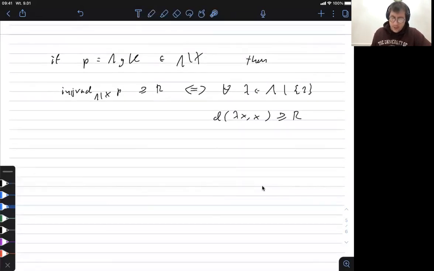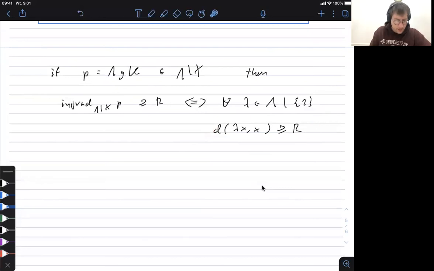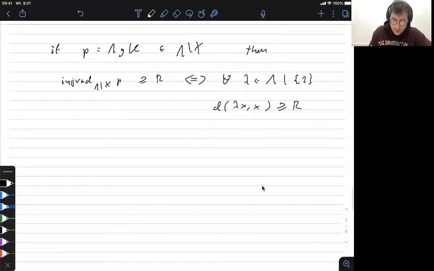Right, and I think it's not hard to see, so you can verify that for yourself. And now I can just do a simple trick.